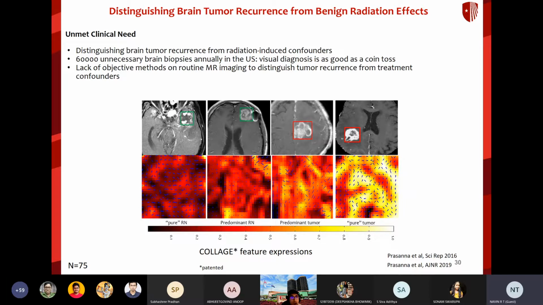So this is an example of pure tumor. And the images in the middle that you see here are examples of mixed tumor and necrosis. So this one has higher necrosis, and the one on the right has higher tumor. So when we extract our collage features, we see that there is a clear gradation of these features.